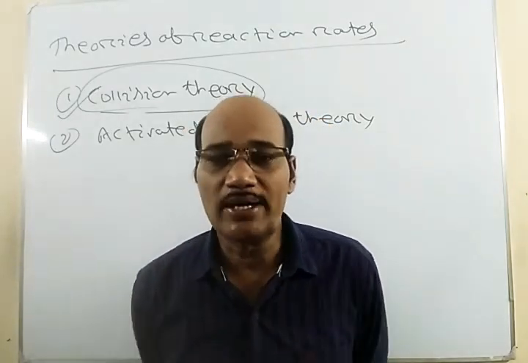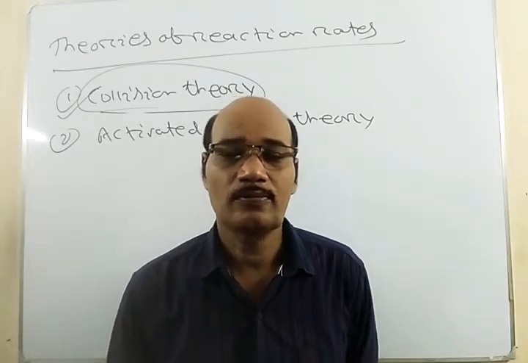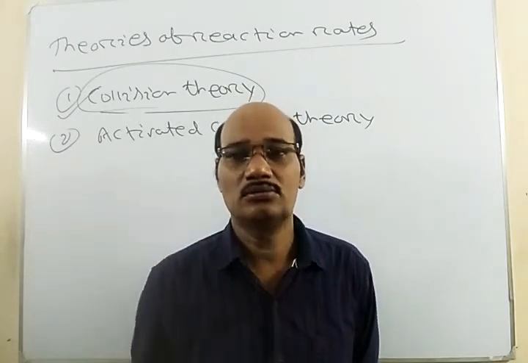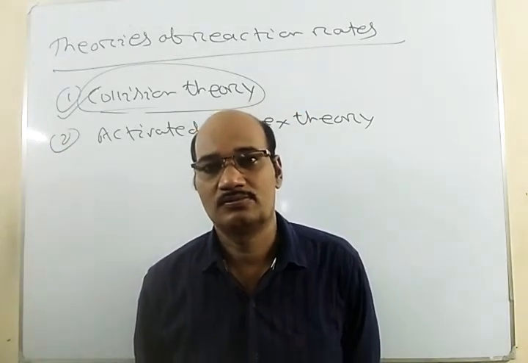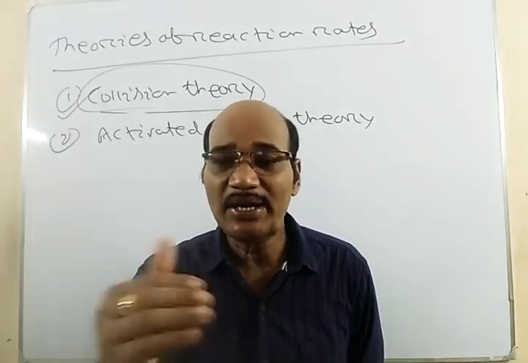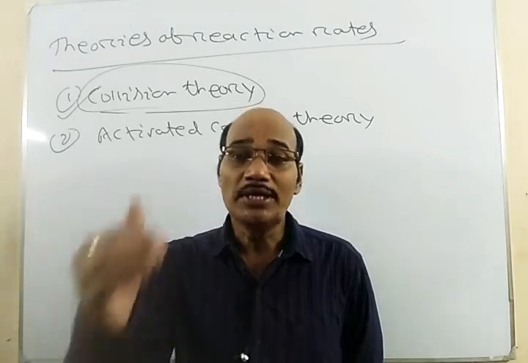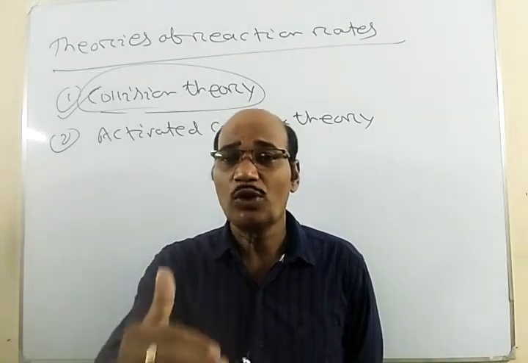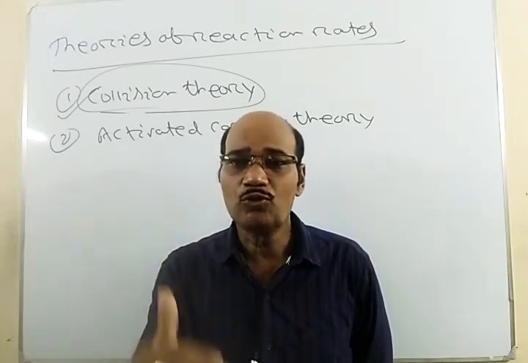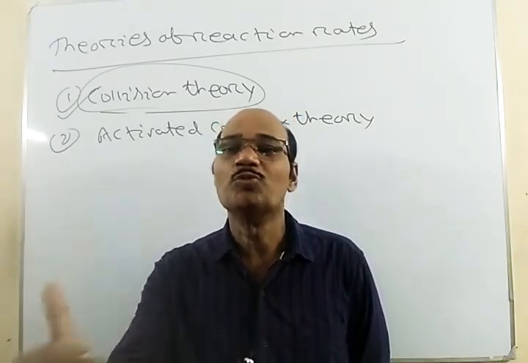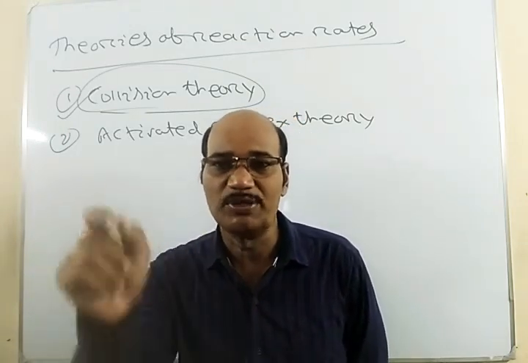So two things are required for an effective collision. One is the energy factor, another is the orientation factor. One is called the energy barrier, the other the orientation barrier. So in order to give an effective collision, the colliding molecules must pass through these two barriers, the energy barrier and the orientation barrier.